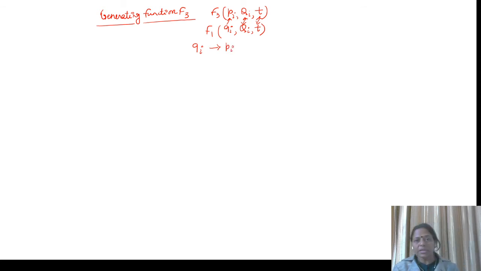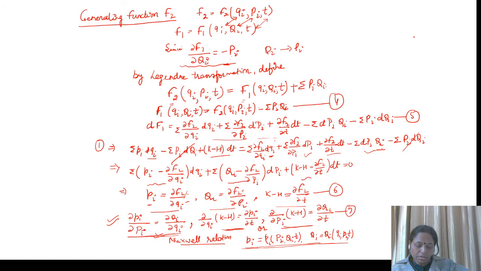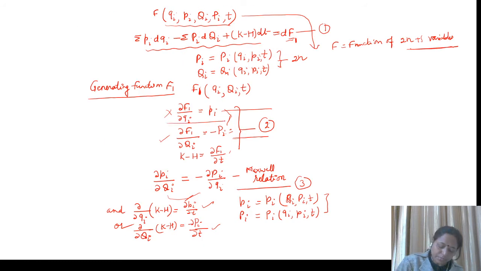It simply means that you should have a differential equation relating these two, qi and pi. Now you look at this equation. In this equation, your f1 is differentiated with respect to small qi and its value is pi. So I'll use this relation.